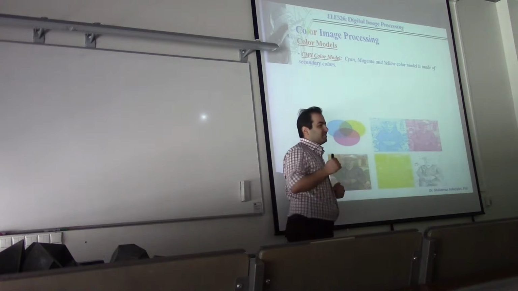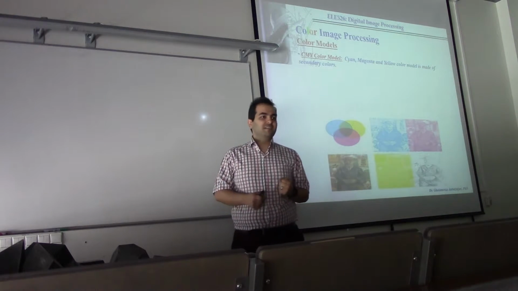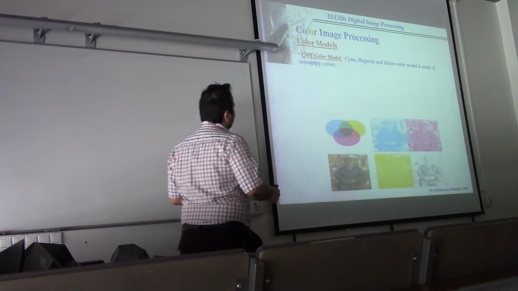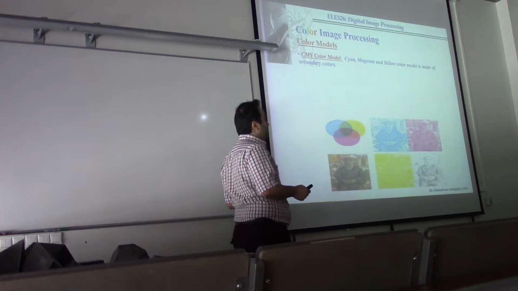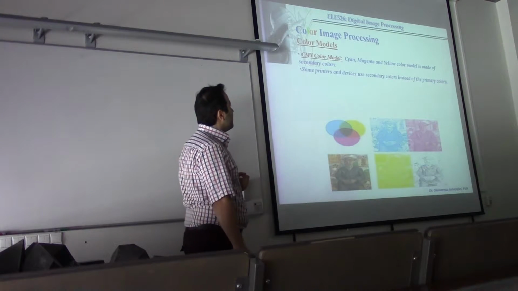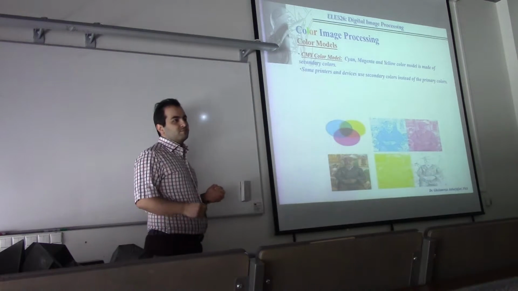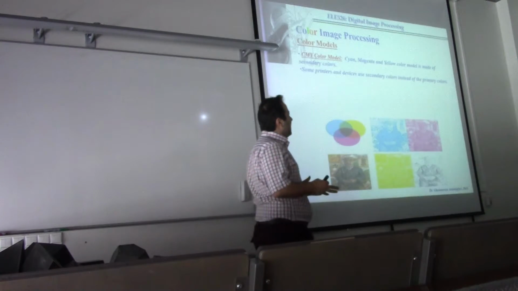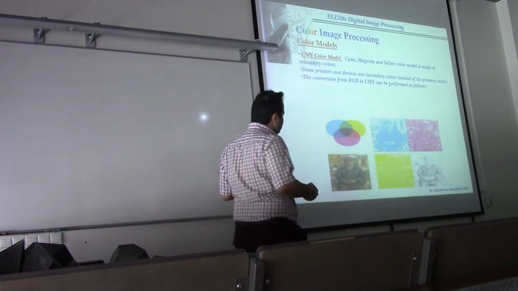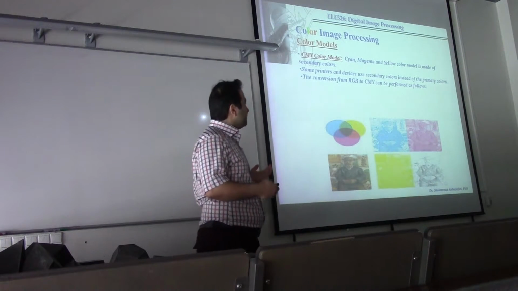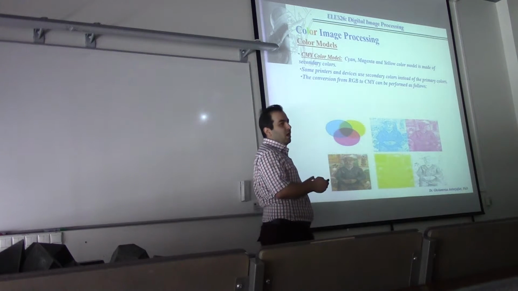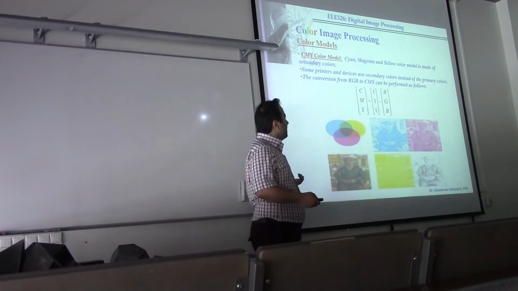Another color space or color model that we can use is CMY, cyan, magenta and yellow color that we call the secondary color. It's another color model that some printers use, and you know that we can easily generate these colors from the RGB.